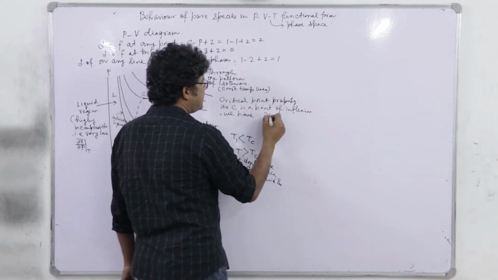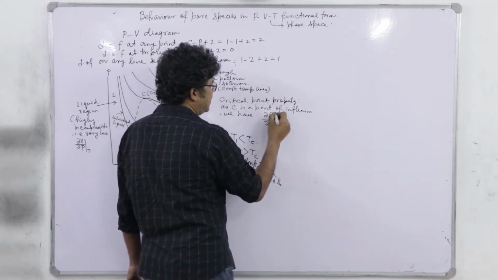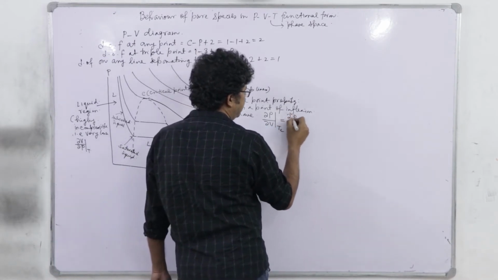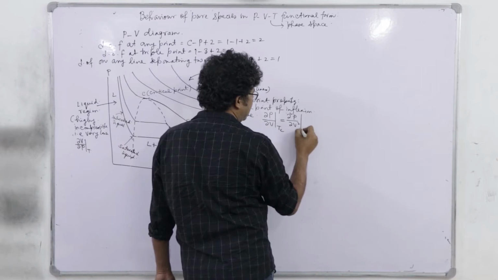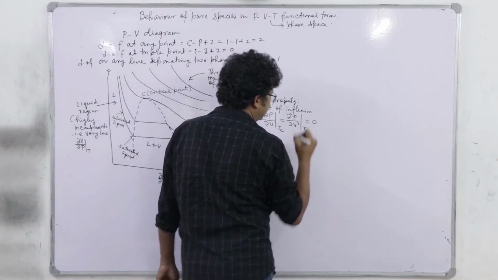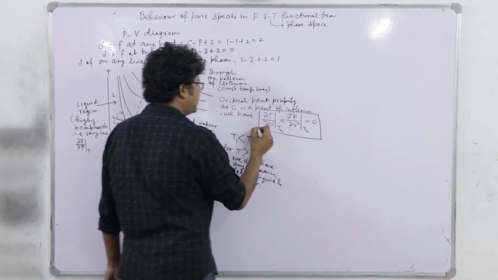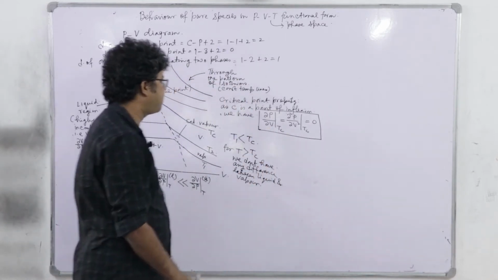So, del P del V at Tc equal to del square P del V square at Tc, that must be equal to 0. So, this is the condition for the critical isotherm.